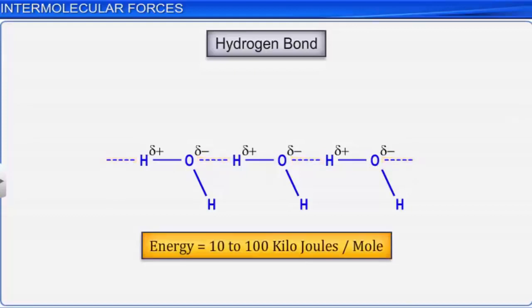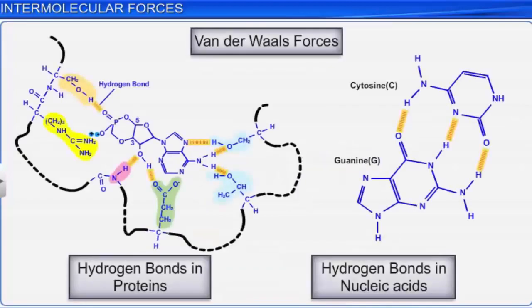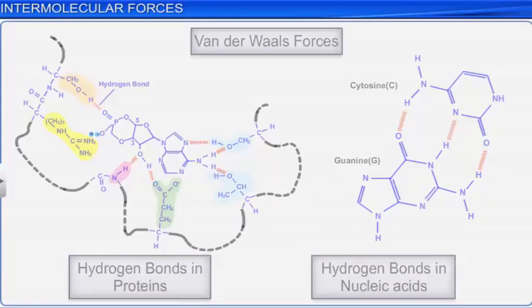Therefore, hydrogen bond is a powerful force in determining the structure and properties of many compounds such as proteins and nucleic acids. Have you ever wondered why it is very difficult to compress solids and liquids?